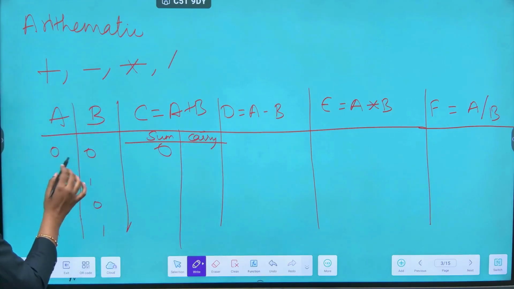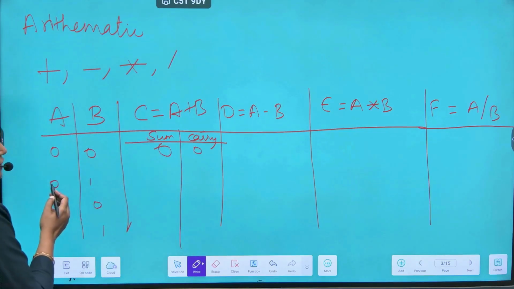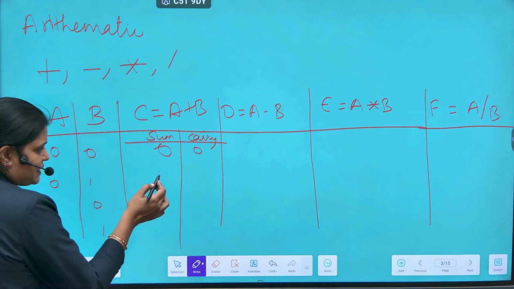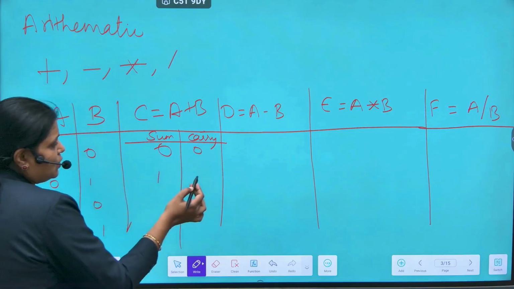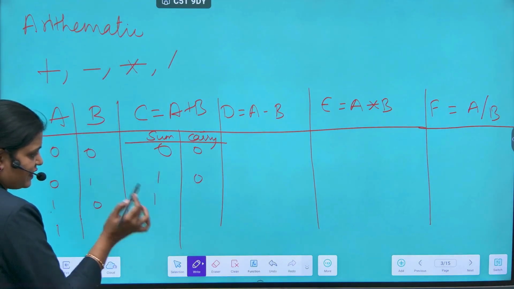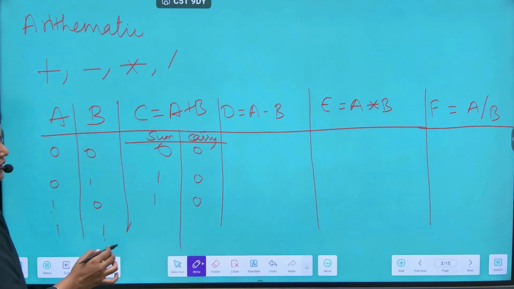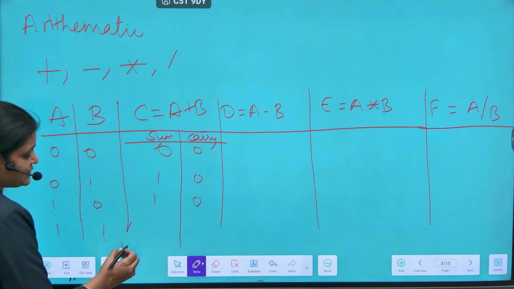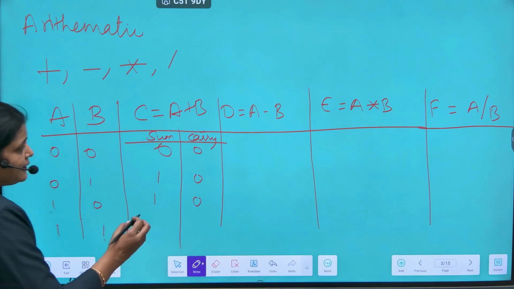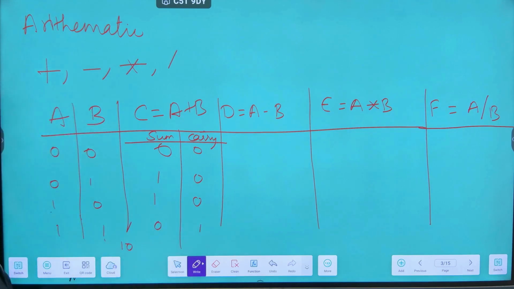So here 0 plus 0 produces a sum 0 and there is no carry produced. 0 and 1 produces a sum 1 and no carry is produced here. 1 and 0 also produces sum 1 and there is no carry produced here. 1 and 1 gives me 2, that is 1 0. Then here the sum is 0 and carry is 1.